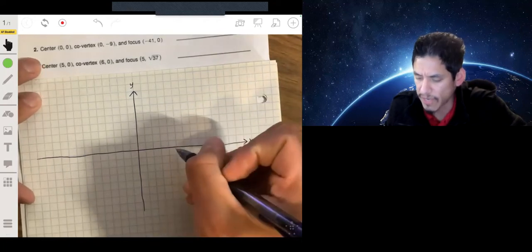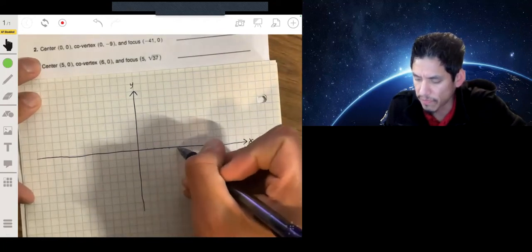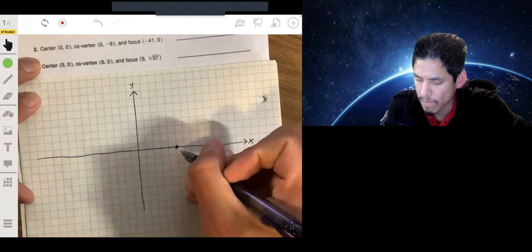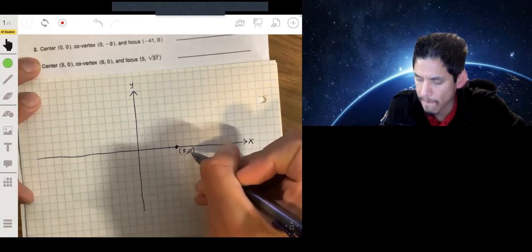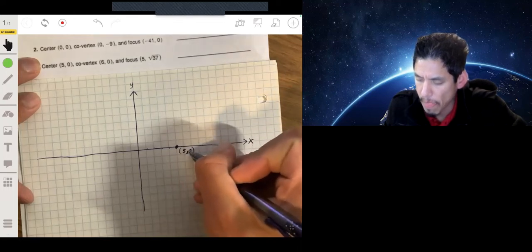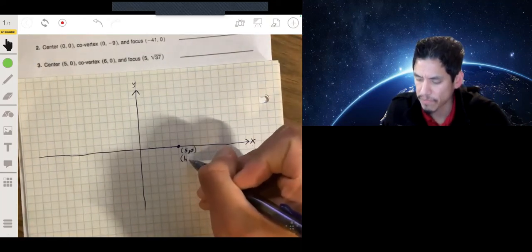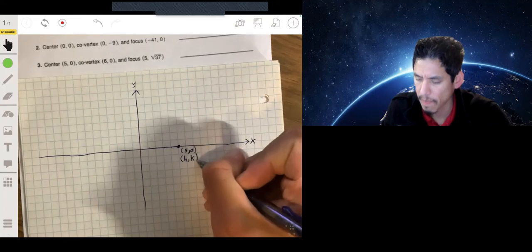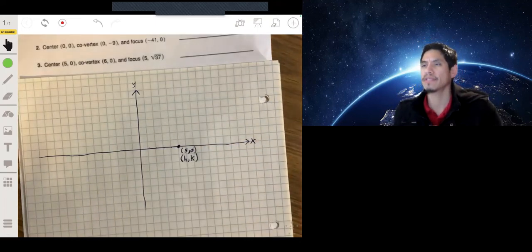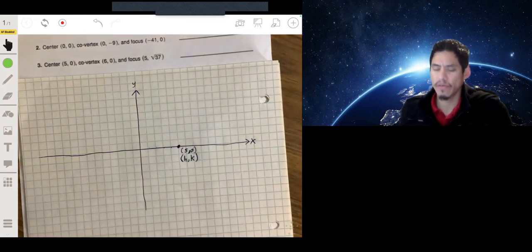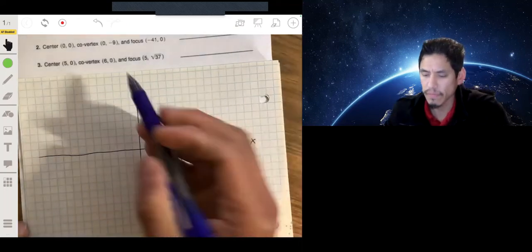So the center is at 5, 0. 1, 2, 3, 4, 5. So remember, the center is at H, K. So that's the center. The co-vertex is at 6, 0.